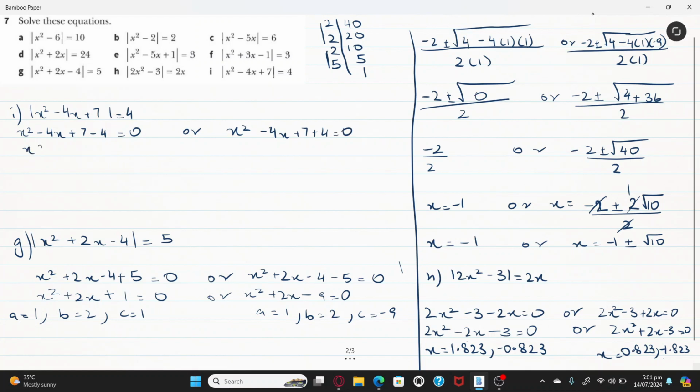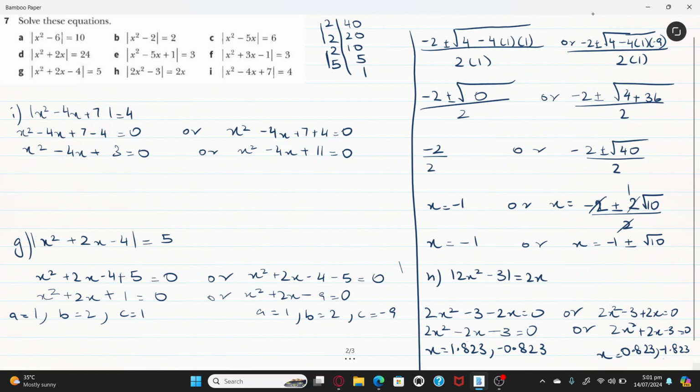Again, simplify this equation. x squared minus 4x plus 7 minus 4 is plus 3 is equal to 0, or x squared minus 4x, 7 plus 4 is going to be 11, plus 11 is equal to 0.